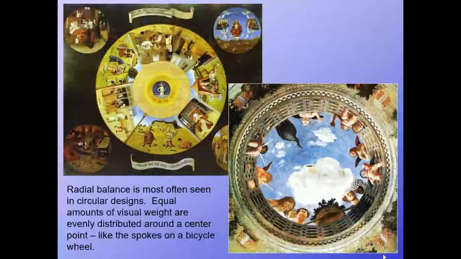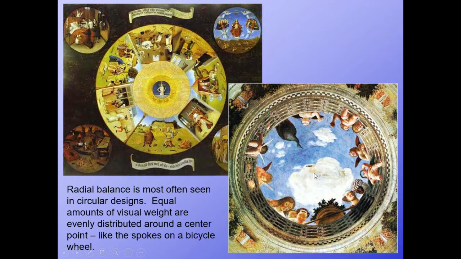Some artists will use radial symmetry, in which images are balanced, with equally weighted objects radiating outward from the center. This piece is actually a painting called The Seven Deadly Sins, and this panel right here is gluttony, so you can see that people are overeating and indulging in that painting.